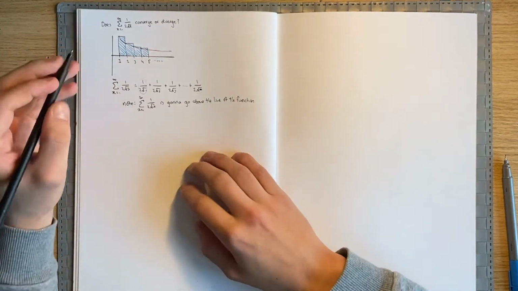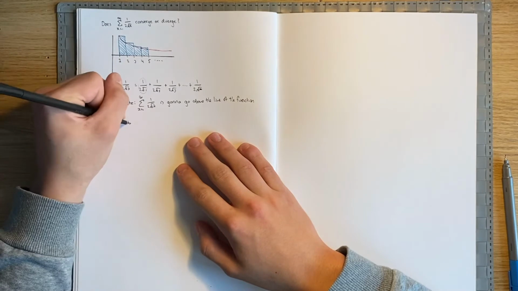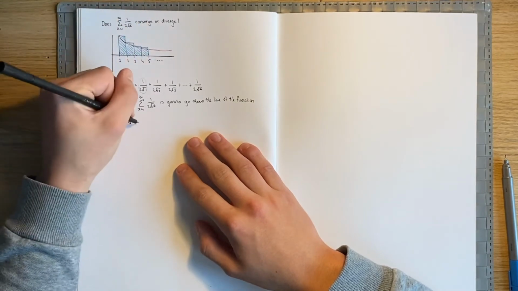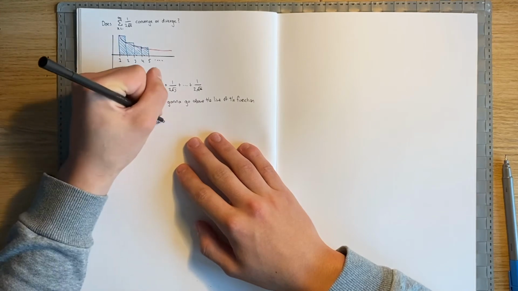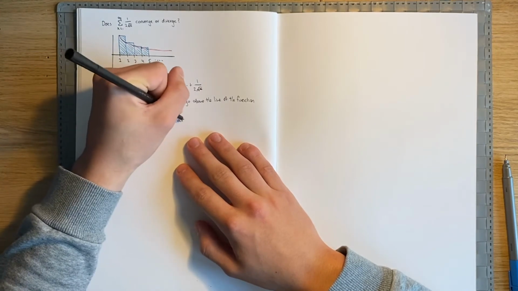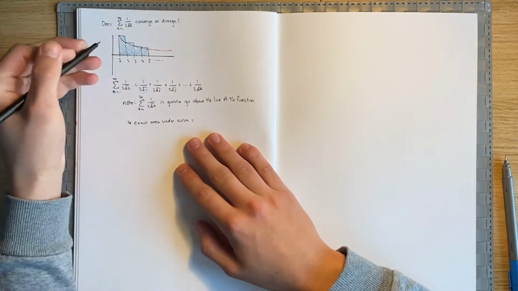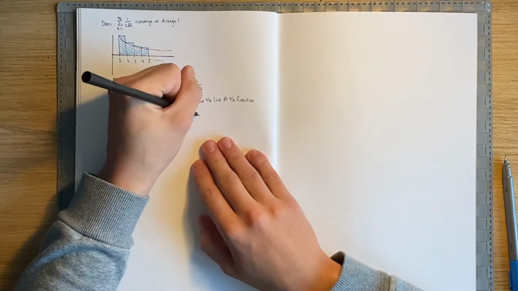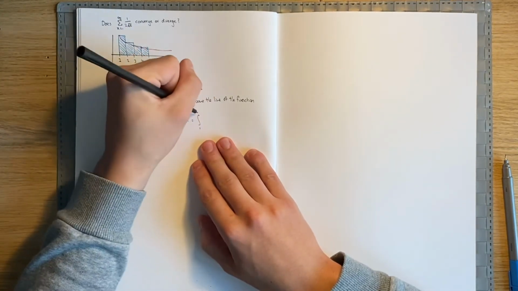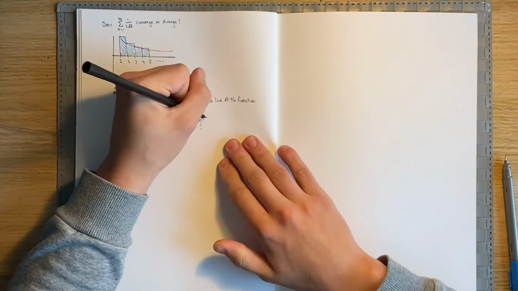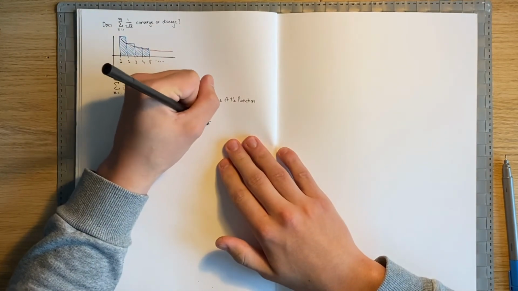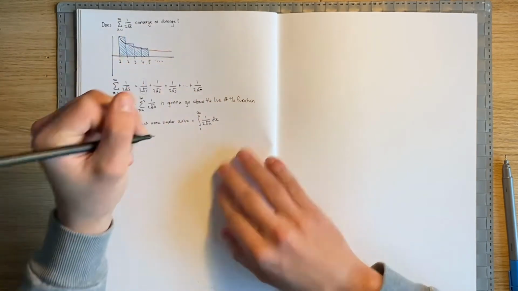We also know that the exact area under the curve is going to be equal to the integral of this function. So the integral with the same bounds, from 1 to infinity, so it's going to be an improper integral of 1 over 2 root x dx.